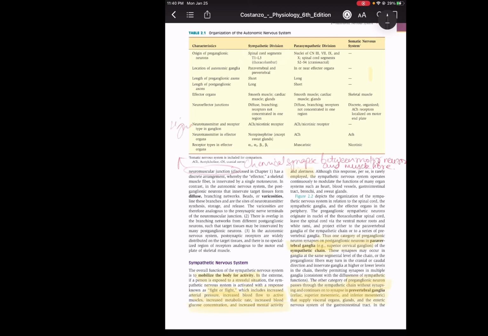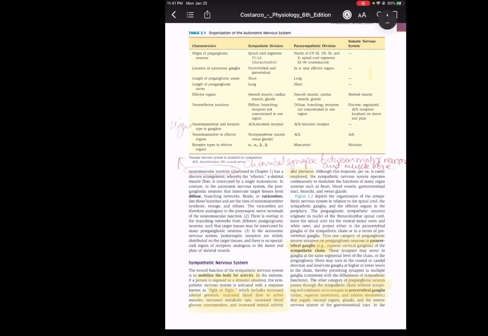They have even mentioned the location, that is T1 to L3, thoracic 1 to lumbar 3. And then parasympathetic, they have given S2 and S4, that is craniosacral. Remember that. And then the location of autonomic ganglia, paravertebral and prevertebral.